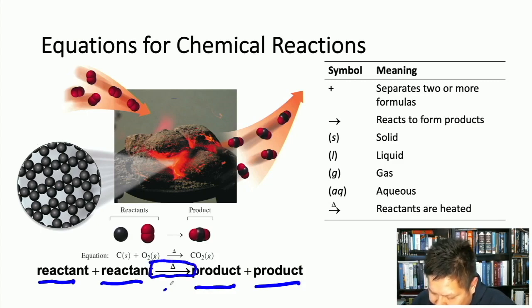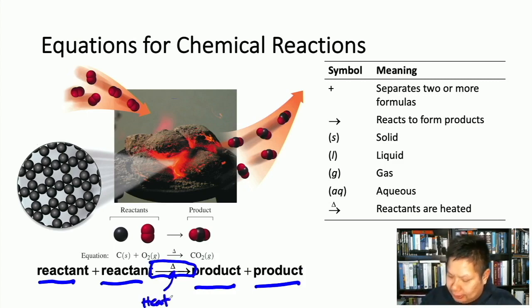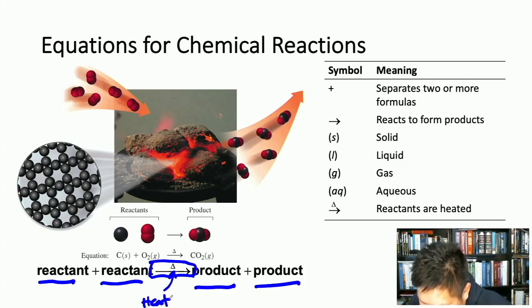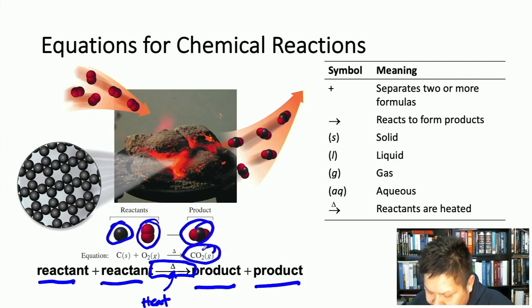Whenever there's a little delta right there, that means heat is being applied to the reaction. So in the example that they have here, we have solid carbon combining with oxygen gas to make CO2 gas.